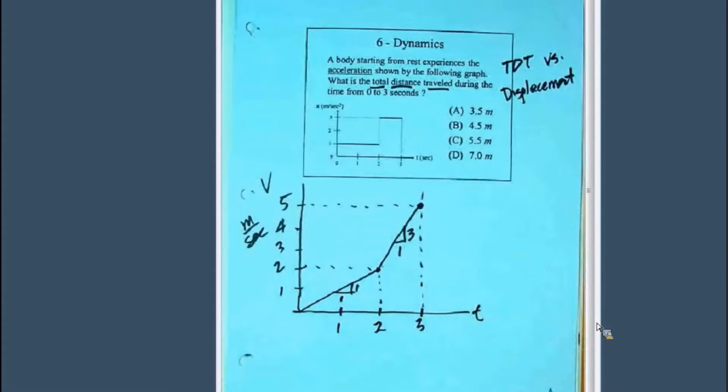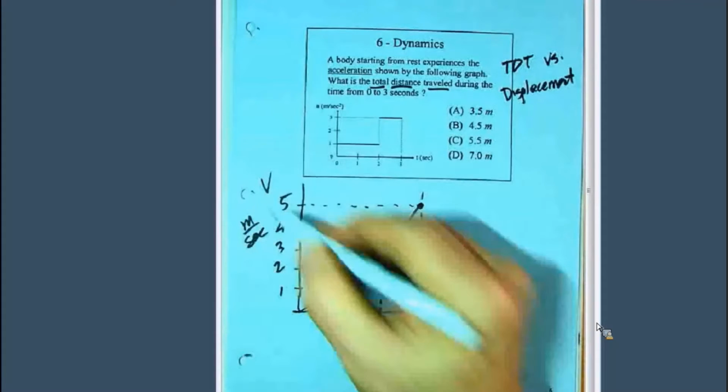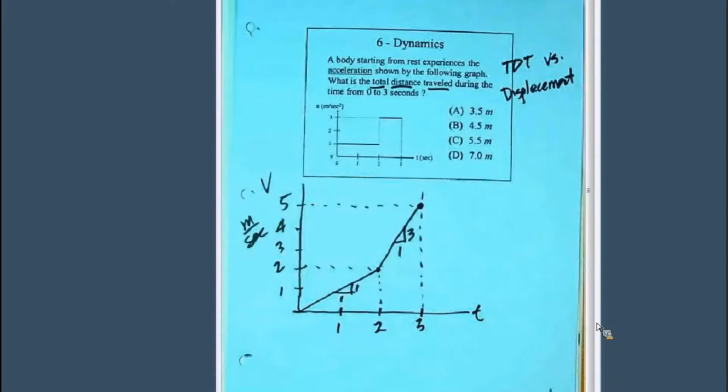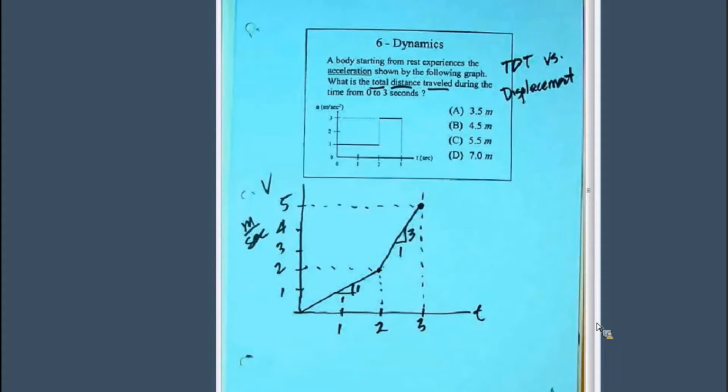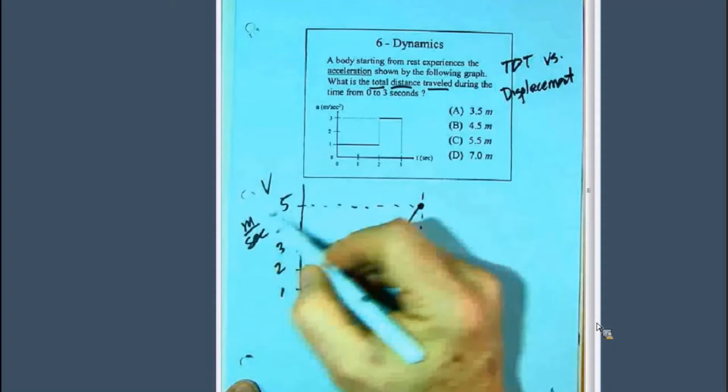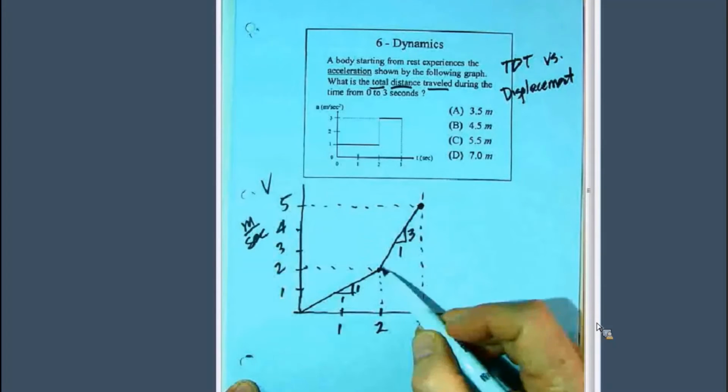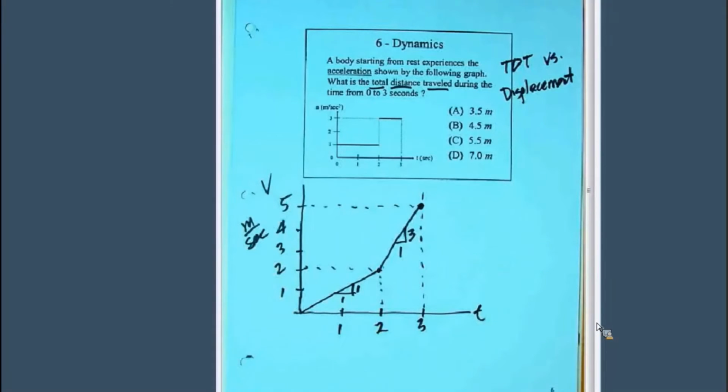So this is the VT diagram, and just from integration, the integral of v dt is the area under this particular curve, and it's all positive, so that's why for this particular problem TDT is equal to the displacement. This is the exact same value. So what I can do then is calculate the area.